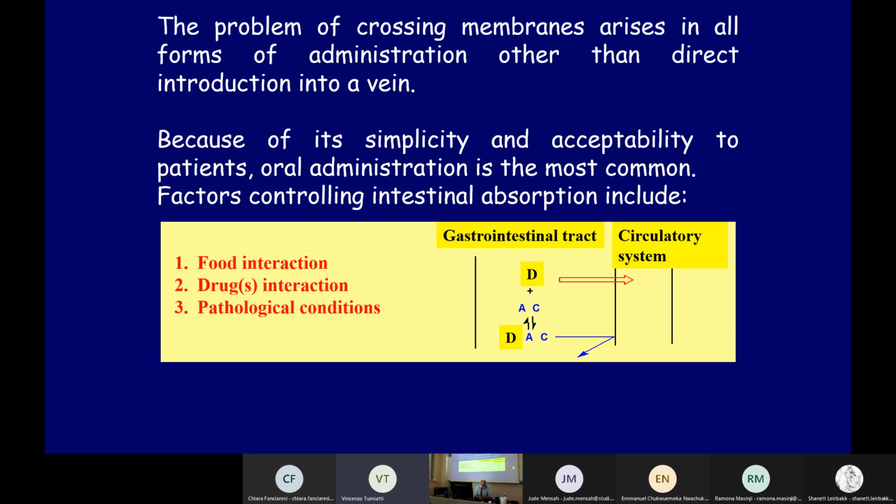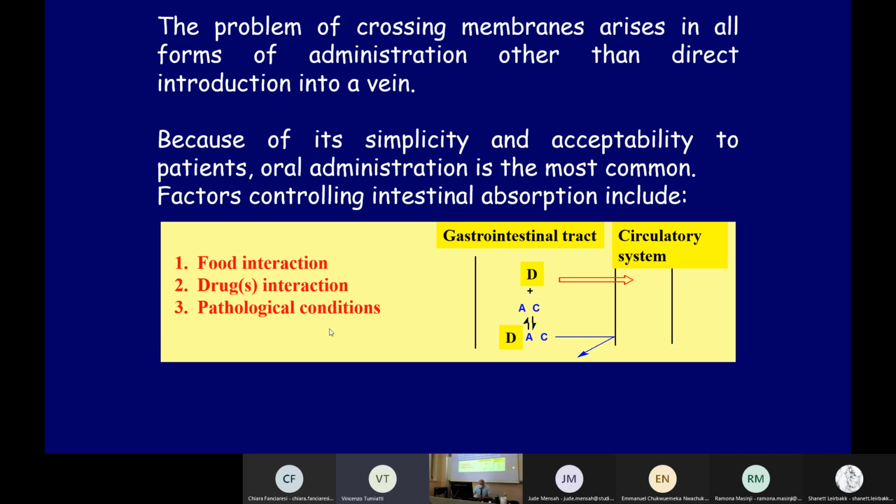Sometimes you can take more than one drug, and the second drug can use the same transport system of the first drug, and so you have a competition of the two drugs for the same carrier, for the same transport system, and so you can have a limited absorption of the two drugs.